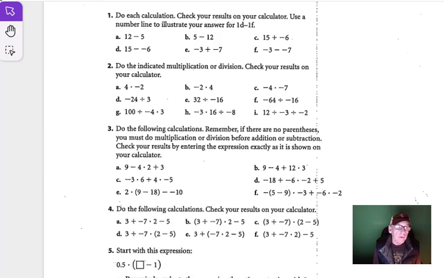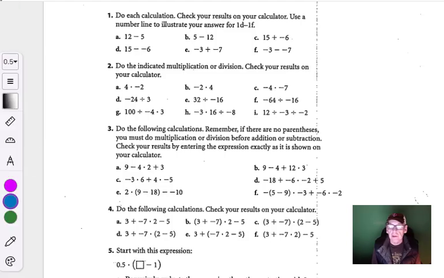On this one, we need to use a number line to check this, supposedly. I don't know. The main thing on this one is, okay, 12 take away 5, if you do plus opposite, 12 plus a negative 5, we've got two different sign numbers.